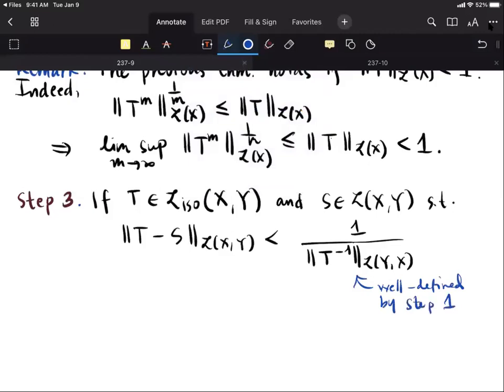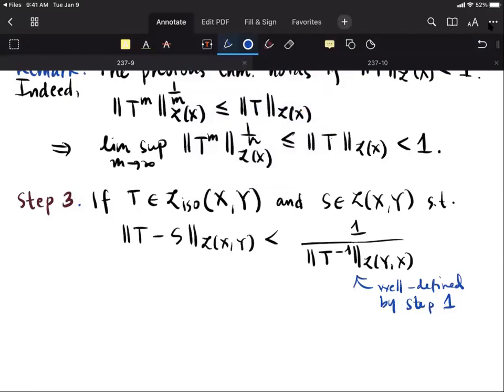Since according to the Banach inverse theorem, if you have a bounded isomorphism, then its inverse is also bounded. And of course, the inverse is not equal to 0, so the norm exists and it is not 0.